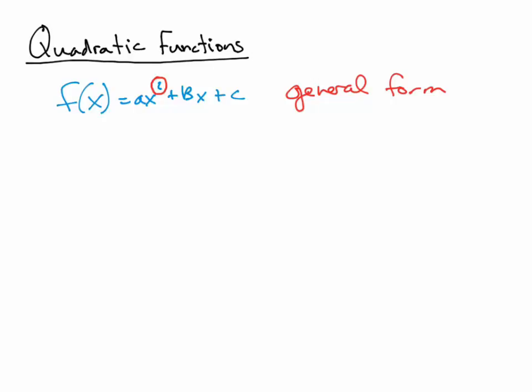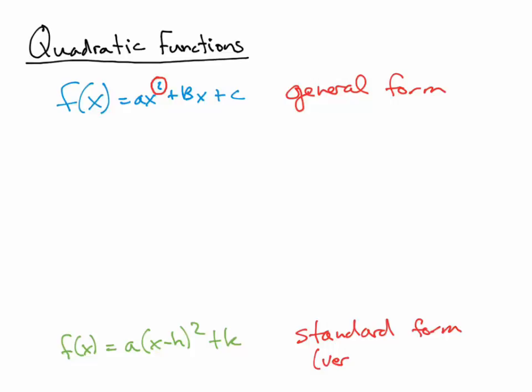Now, a second way that we can write a quadratic function is called standard form. And standard form looks like this: f of x is equal to a times (x minus h) squared plus k. We call this standard form. Sometimes people call this vertex form.